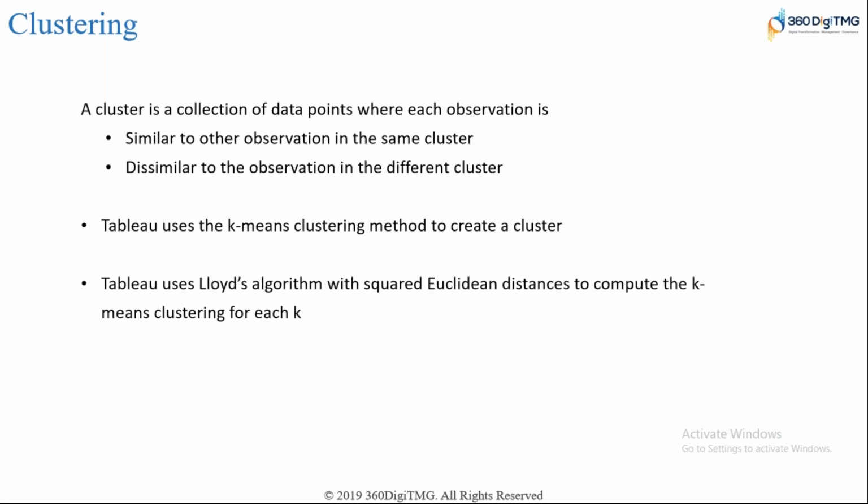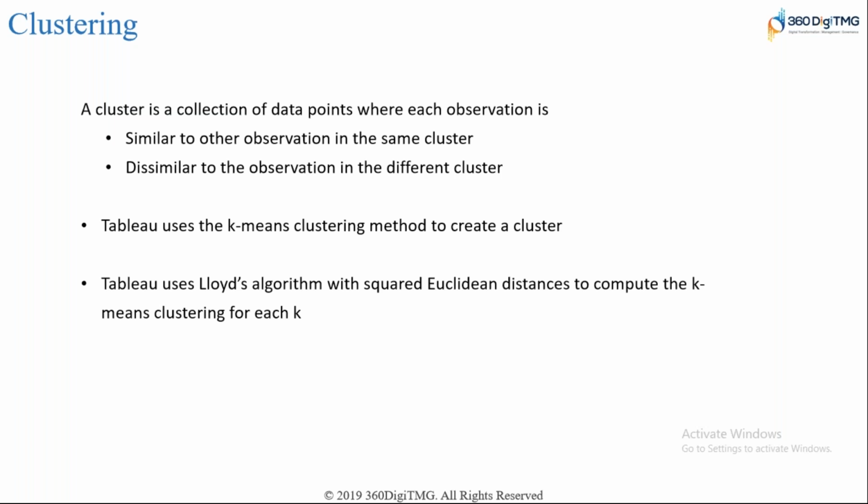So we have discussed the concept of groups in Tableau. We have discussed the concept of creating a visual group after creating the graph, right? On similar lines, a cluster is also nothing but creating a group or a collection.